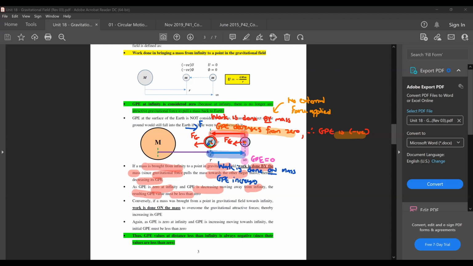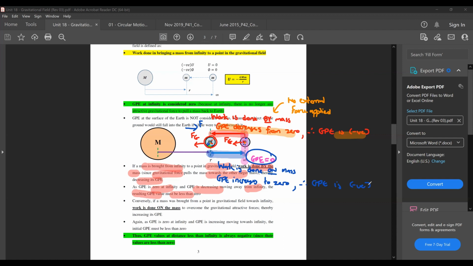But in your case, it is increasing to 0. GPE increases to 0. So how can you have a value increasing to 0 in the first place? That's only possible if GPE value was negative in the first place. Therefore, GPE is negative also.